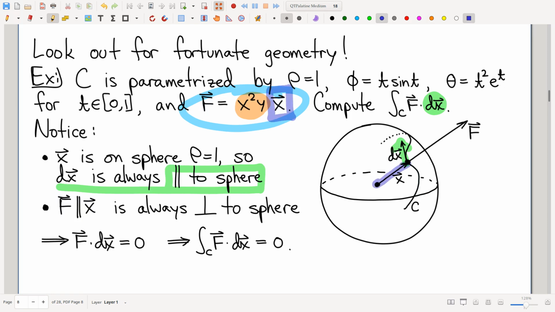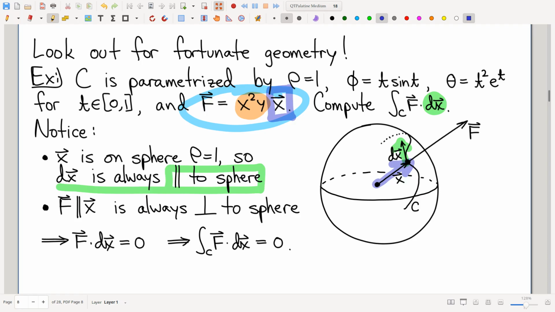And this is another little bit of geometry. Position vectors of spheres. This is a unique symmetry, you might say, of spheres. The position vector is a radius, and radii of spheres are always perpendicular to the sphere. Right?